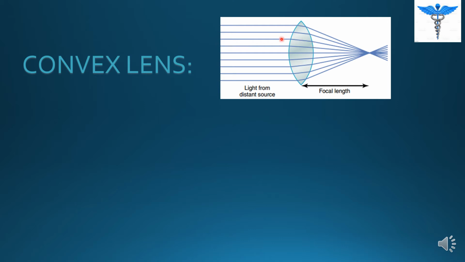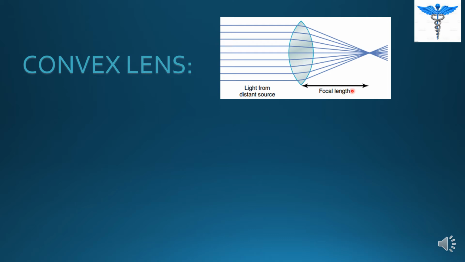Now when the light rays are converged, they converge at a certain point, and that point is called the focal point. Now in order to see some object, this focal point must be on the retina, right? If it is away from or in front of the retina, then there will be disorders. We will discuss that also. The distance between the lens and the focal point is called the focal length.